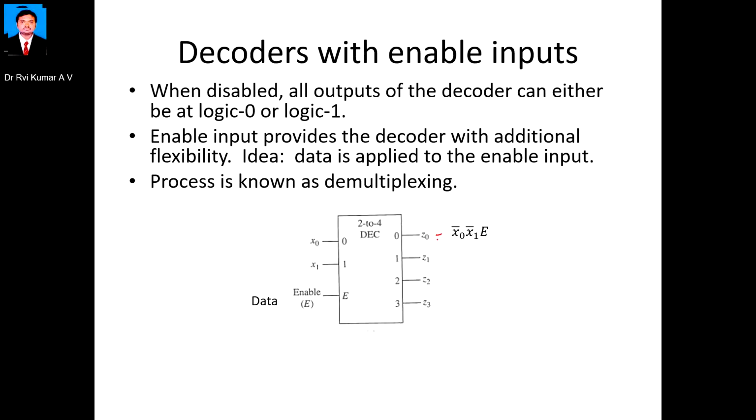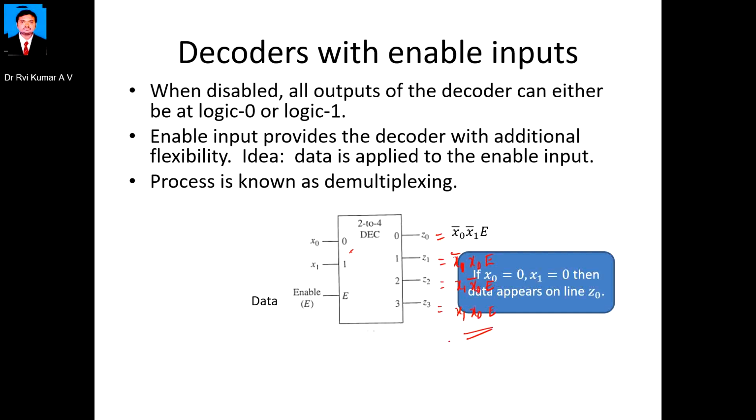Z0 is X0 bar, X1 bar, E. Z1 is 0 1, in the sense this is 0, this is X1 bar, X0 into E. Z2 I can write as 1 0, X1 X0 bar into E. Z3 is X1 X0 into E. So this is the equation along with your enable inputs.